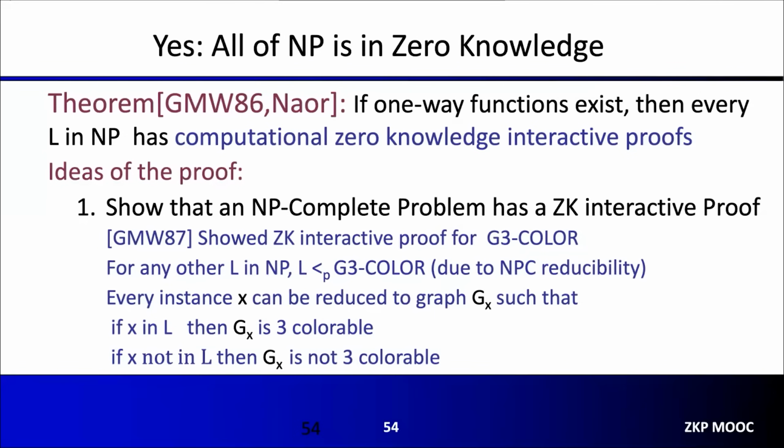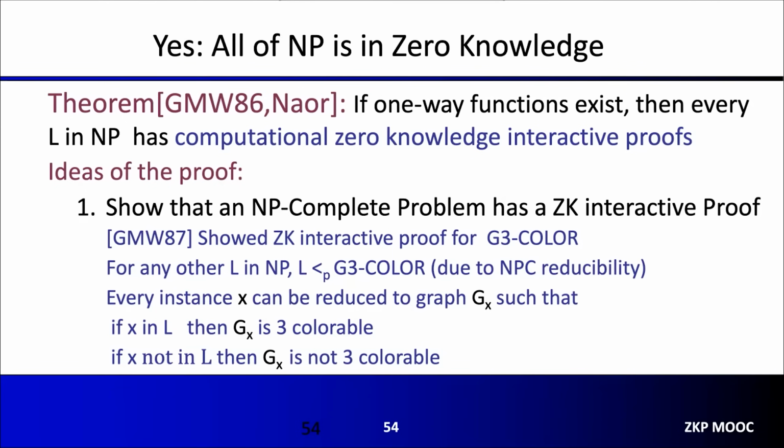Due to NP completeness reducibility, if a language is NP complete, then every string X can be reduced. Let's say we're talking about the three coloring NP complete language. Every instance X will be reduced to a graph, G sub X, such that if X is in the language, then the graph is three colorable. And if X is not in the language, then the graph is not three colorable.